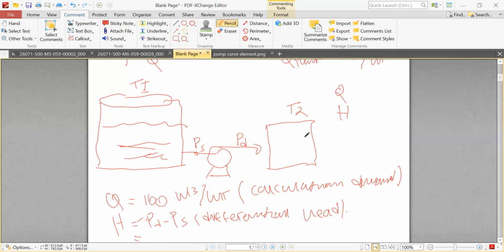If you have just these two parameters, you can buy or request a quote for the pump based on your flow rate demand and your differential head demand.